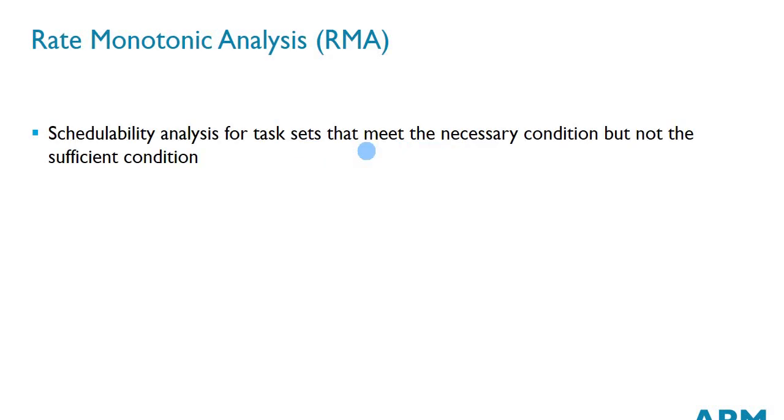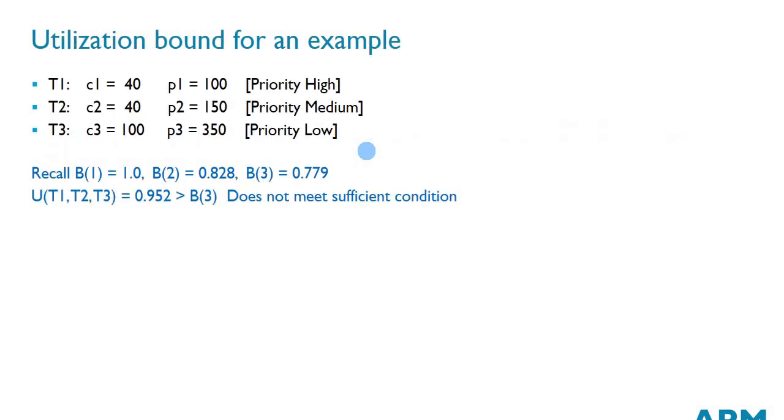Now let's come back to the rate monotonic analysis, RMA. This analysis is for task sets that meet the necessary condition, but not the sufficient condition. Necessary means you definitely need it, but you do not meet the sufficient condition, which is the bound. Now let's look at this example. I have 3 tasks, T1, T2 and T3.